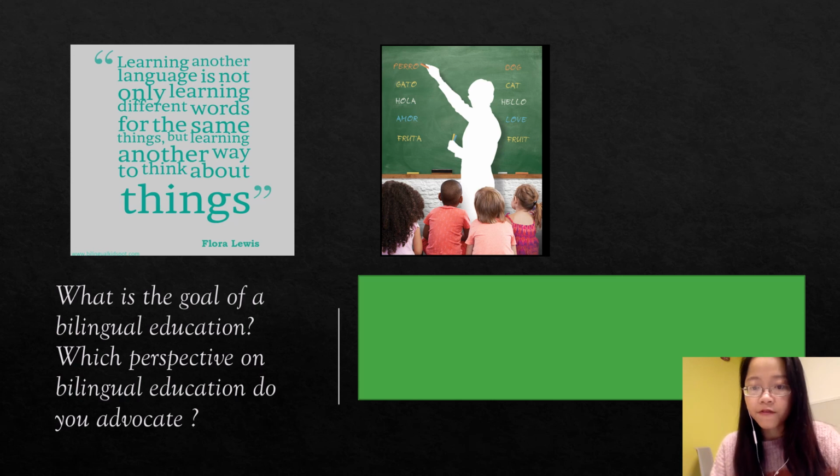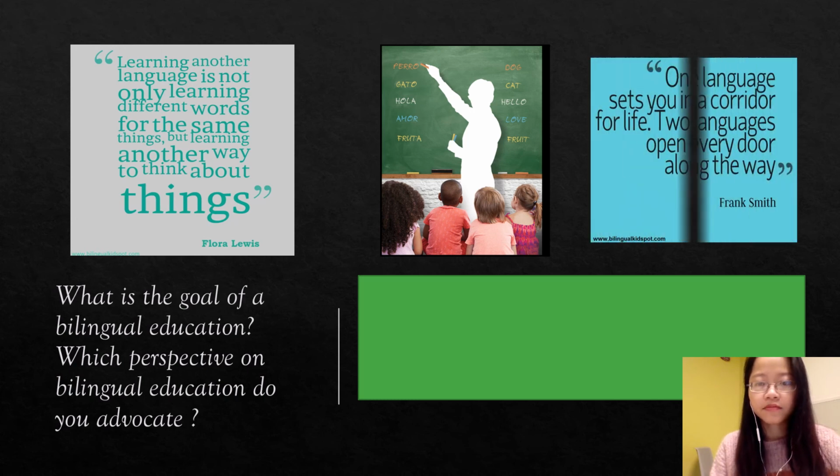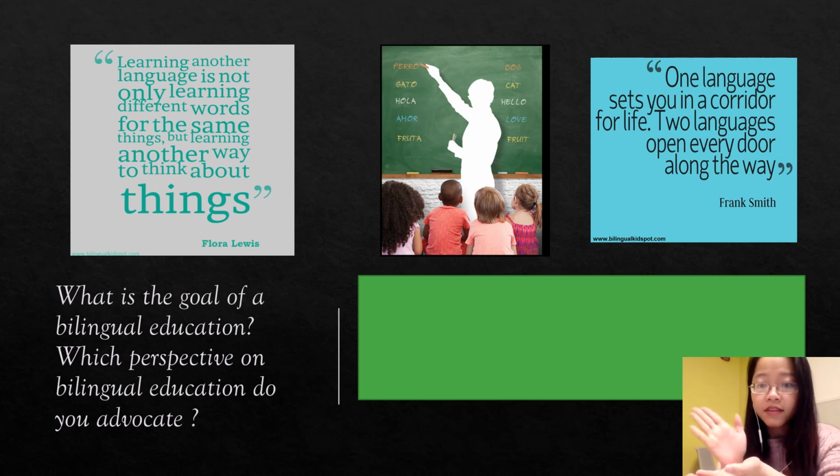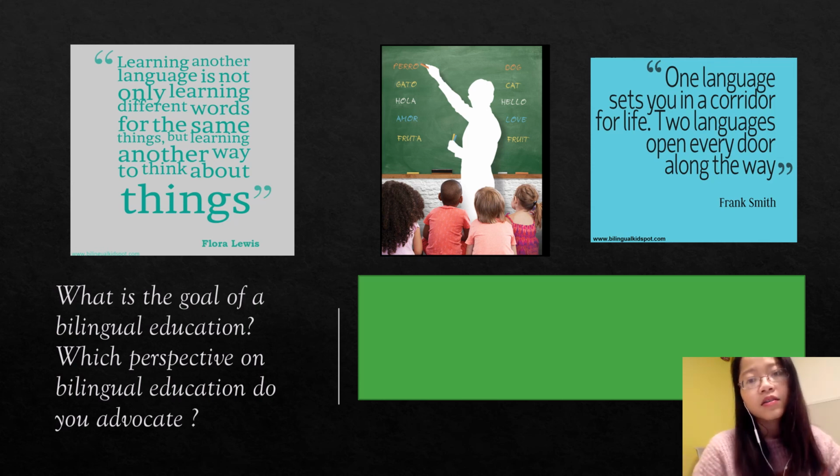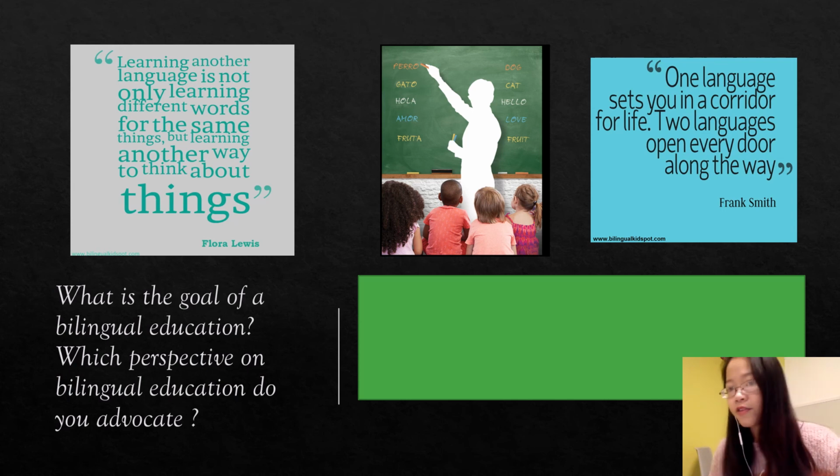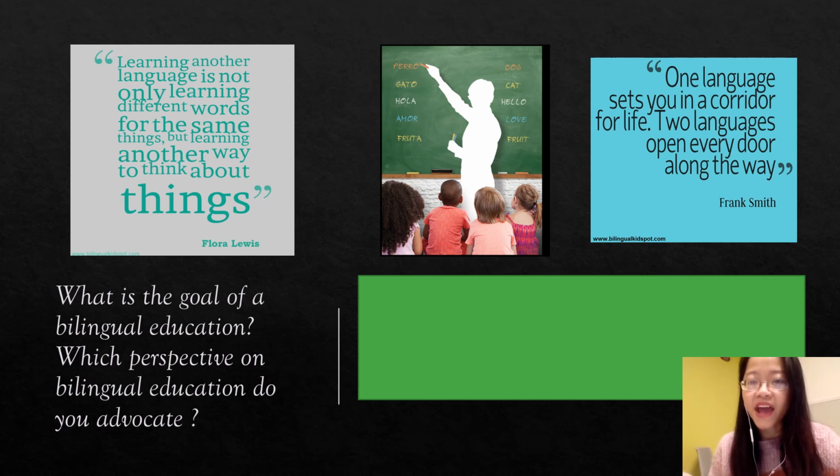So it's very beneficial. And a country whose citizens can speak more than one language will have a lot of advantage in a global economy. So if you look at the perspective of employable abilities, you can say that one language sets you in a corridor for life, but two languages open every door along the way.